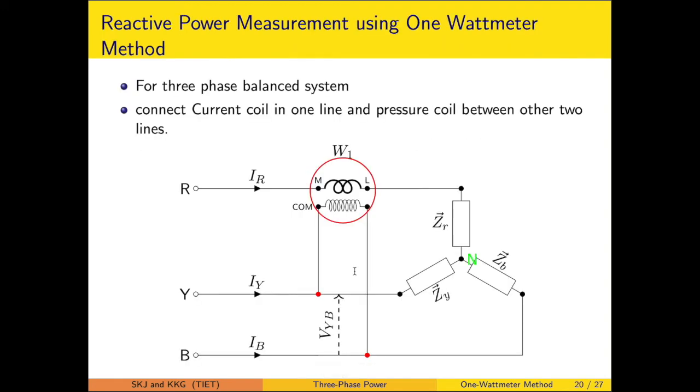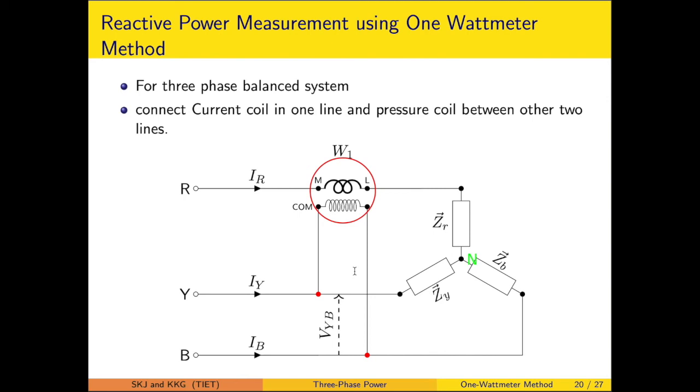Now we can extend the 1 wattmeter method to the reactive power measurement. For the 2 wattmeter method, we don't have to take any extra care, because we calculated W2 minus W1 is equal to VLIL sine of theta. So when we multiply this by the root 3 factor, you will be able to get the value of reactive power.